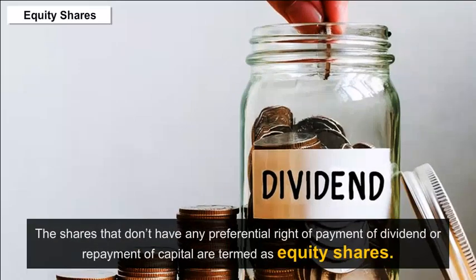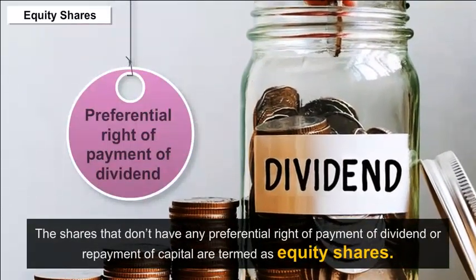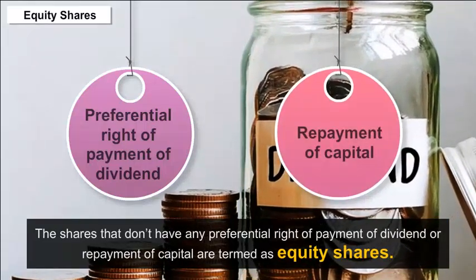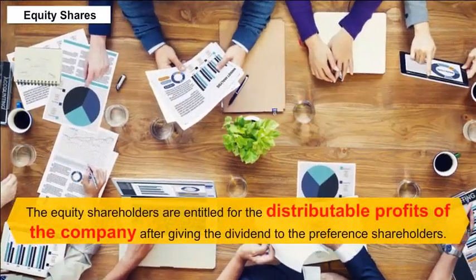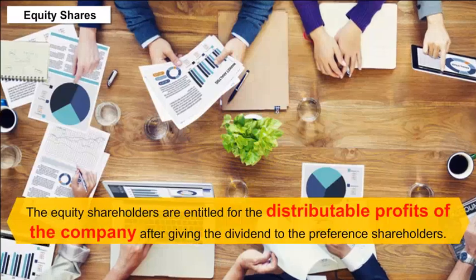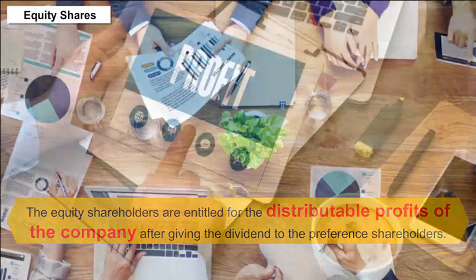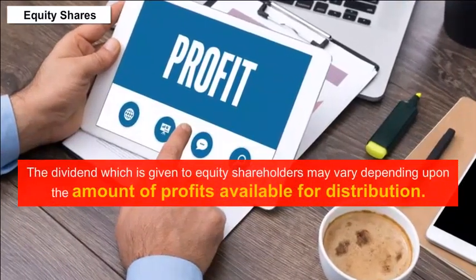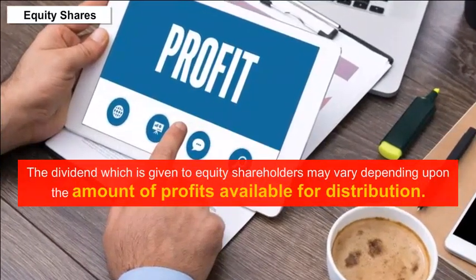The shares that don't have any preferential right of payment of dividend or repayment of capital are termed as equity shares. The equity shareholders are entitled to the distributable profits of the company after giving the dividend to the preference shareholders. The dividend which is given to equity shareholders may vary depending upon the amount of profits available for distribution.